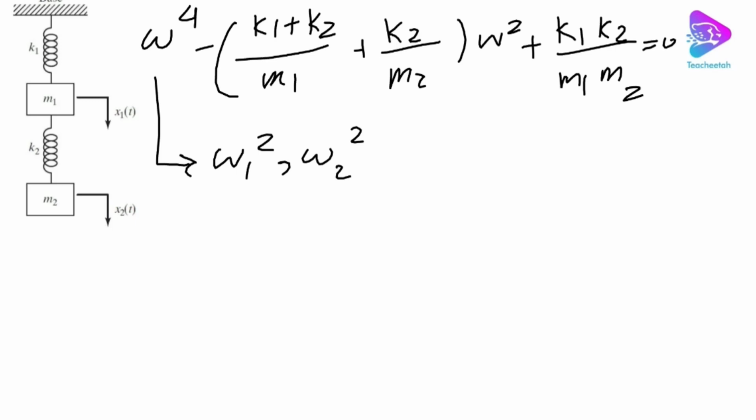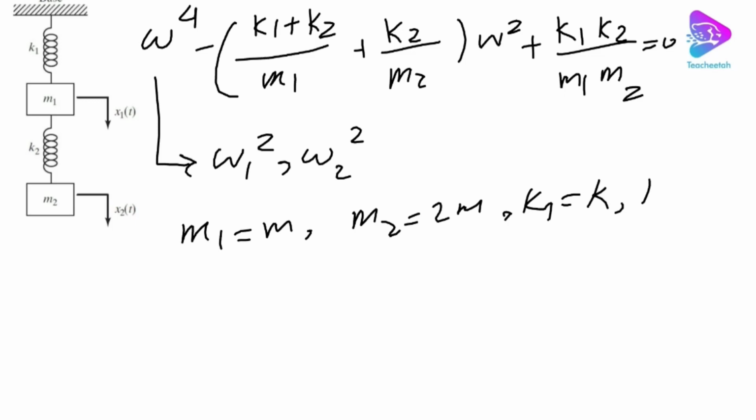So as you may remember, we could find omega 1 and omega 2 for this system, and we can find the relationships. Just as a review from the previous lecture, for this example we have some definitions for K1, K2, M1 and M2: we had M1 equal to M, M2 equal to 2M, K1 equal to K, and K2 equal to 2K.